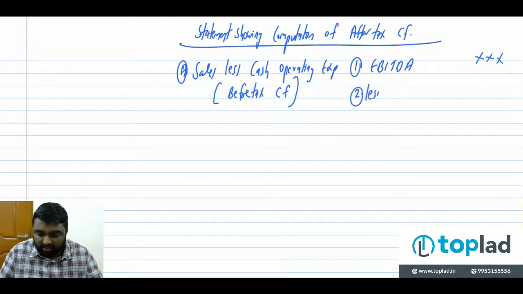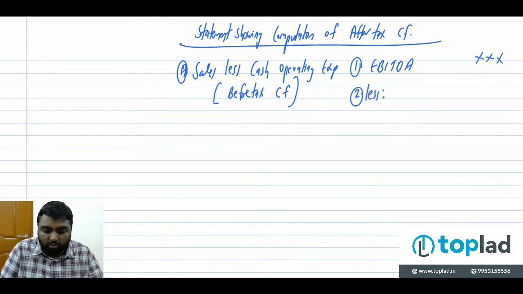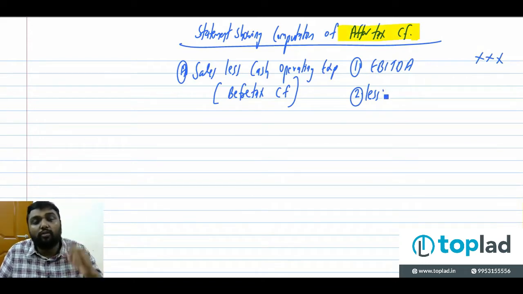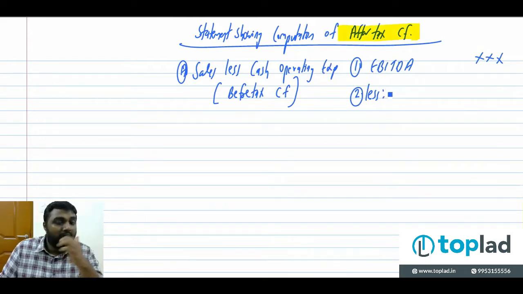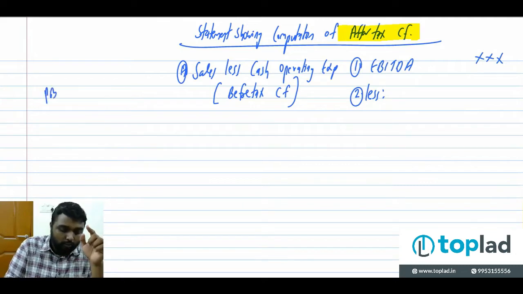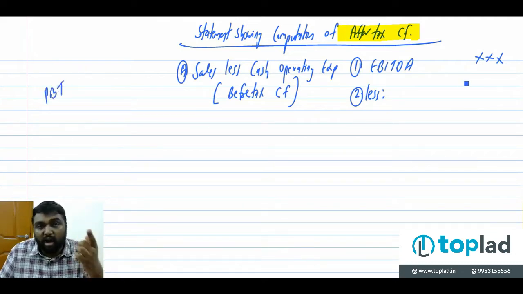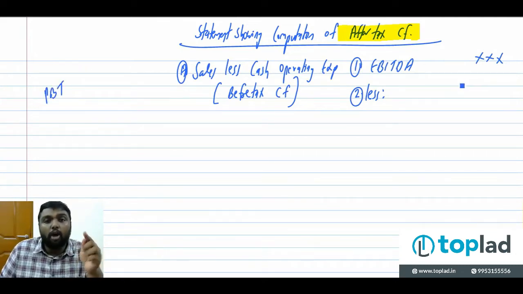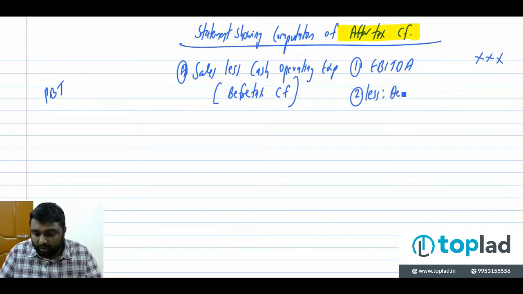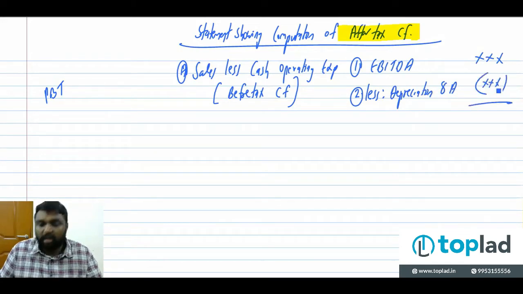Now less, what we have to find out? After tax cash flow. So we have to find out the tax amount. Tax is paid on profit before tax, so we want to find out PBT. In order to find out PBT, we less depreciation and amortization, if any.